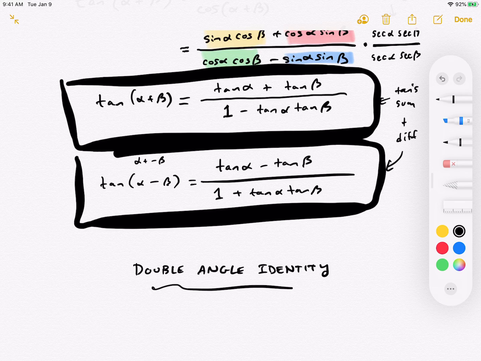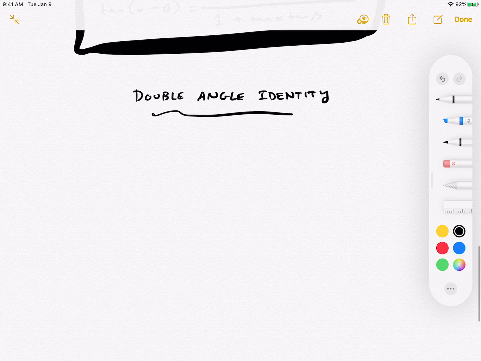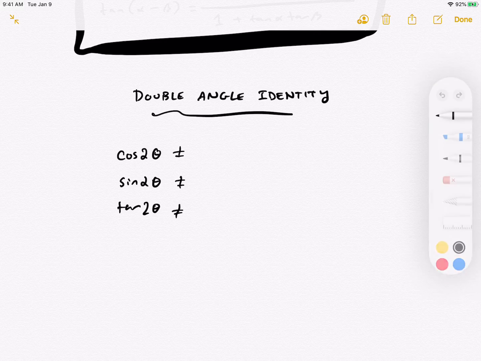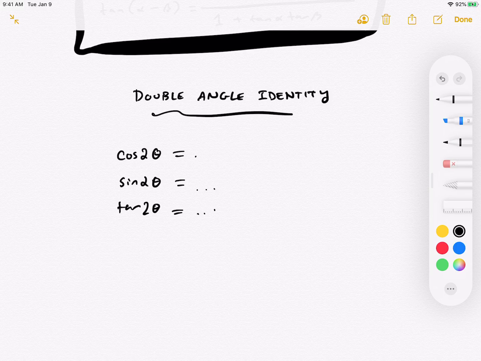Is there a way you can take what you've just learned today and come up with a new way to write cosine of 2 theta, sine of 2 theta, and tangent of 2 theta? Because we know, of course, that these are not equal to 2 cosine theta, but there might be a better way. So that's what we want to come up with here. Is there a better way to rewrite these double angles?